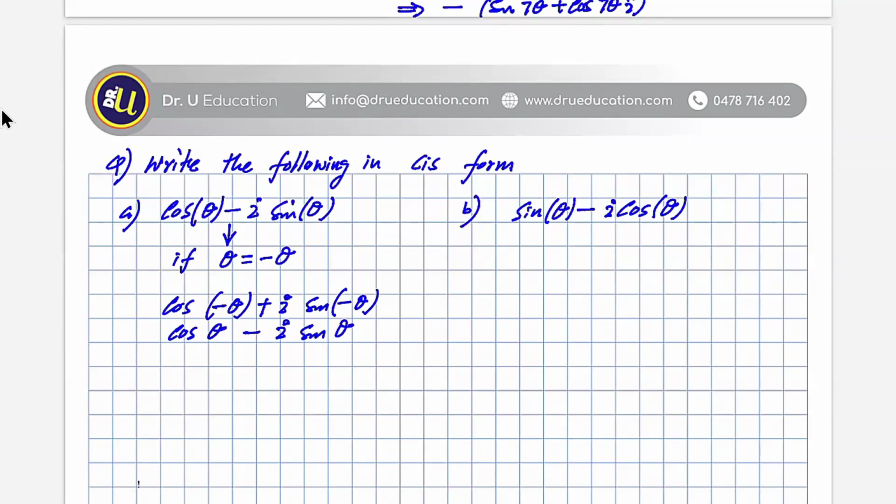Right? So here, if theta is equal to pi divided by 2 minus theta, what will happen? Cos pi divided by 2 minus theta plus I sin. No, it's not going to work. What is the construction? Theta minus pi divided by 2.